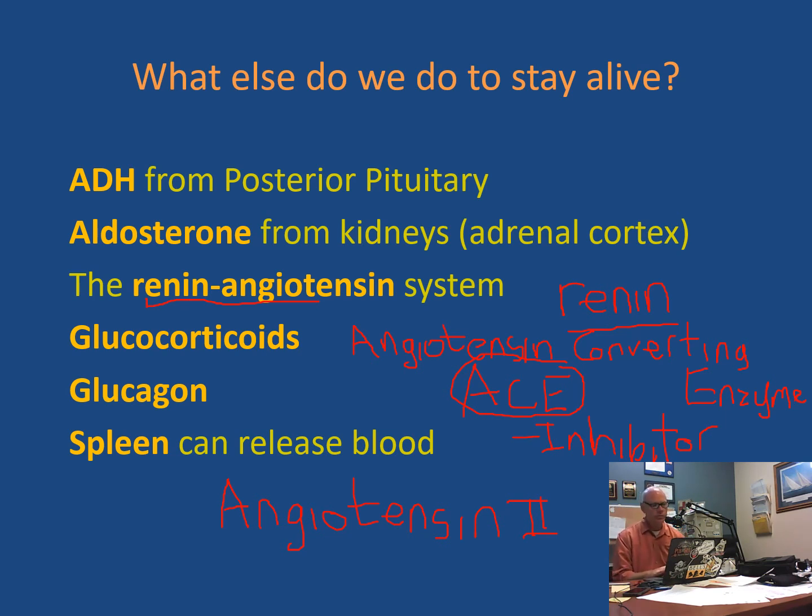We're going to release glucocorticoids. We're going to release glucagon. Both of these are going to, in a very basic way, give us some sugar. And then the last thing is we're going to release some blood from our spleen. So we don't talk about the spleen very much, but one of its duties is it sequesters red blood cells that we are thinking are kind of in their twilight years.